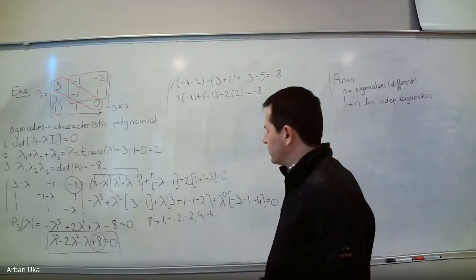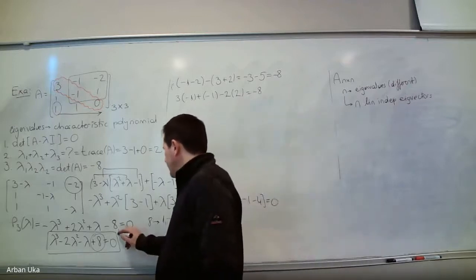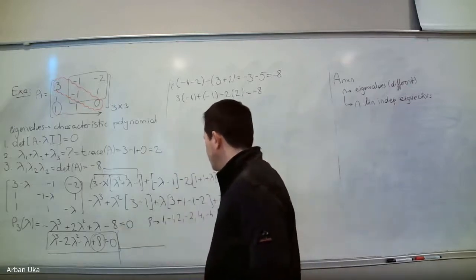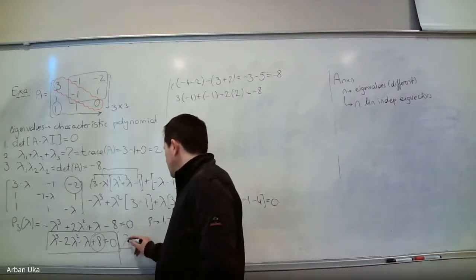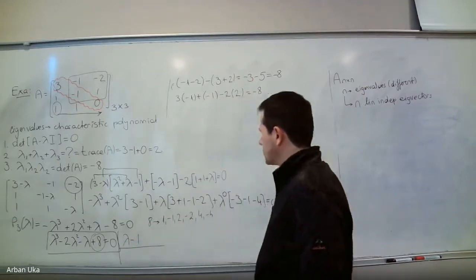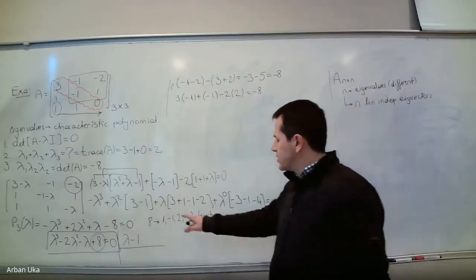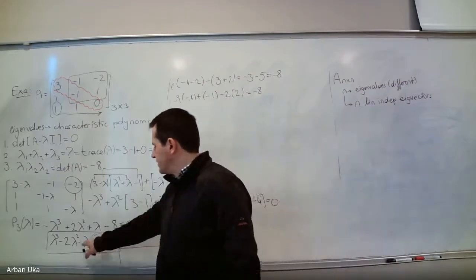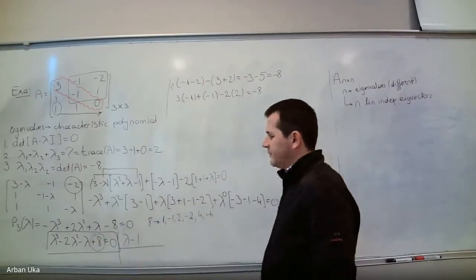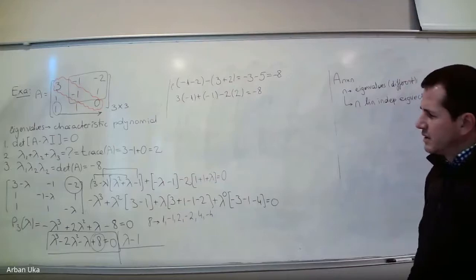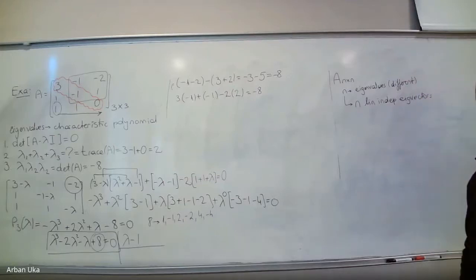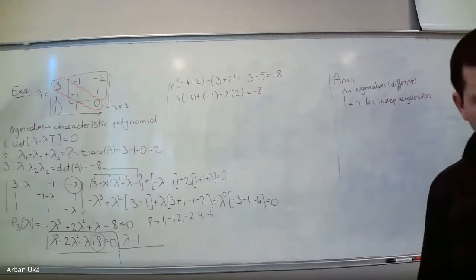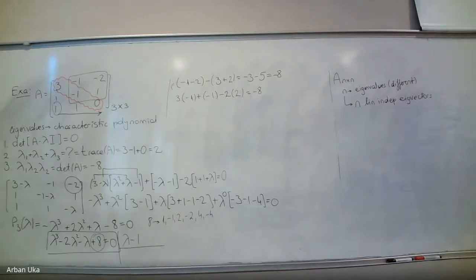So we can try to find the ratio between these lambdas, and try to divide this one by lambda minus 1. This would be one choice, because if 1 is a root, that means this is divisible by lambda minus 1. And if we get no remainder, we can then try to factor out the second order polynomial.